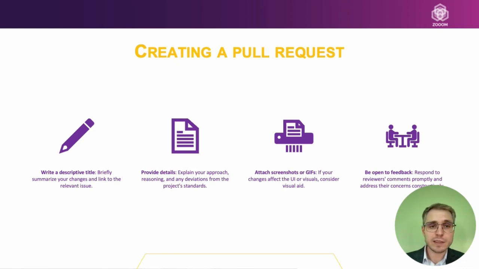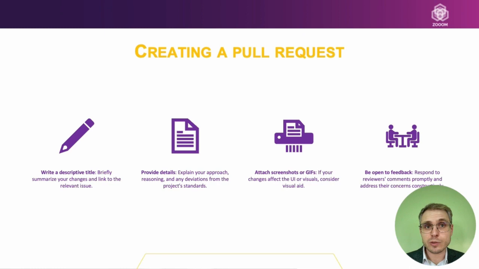So when creating a pull request, for example, some shorthand rules: you should always use a descriptive title. So briefly summarize your changes and link to the relevant issue. Provide some details such as explaining your approach to the problem, reasoning, any deviations from the typical project standards for contributors.